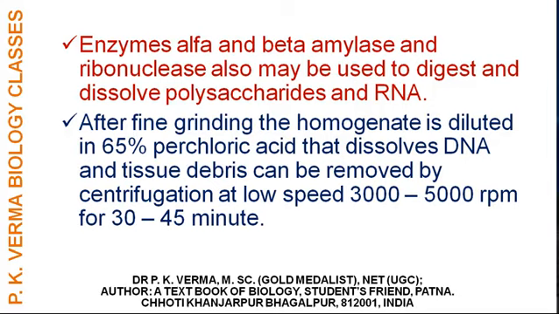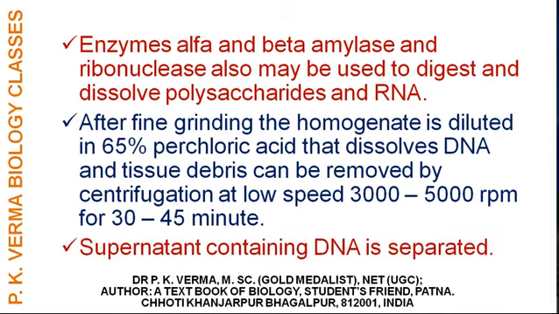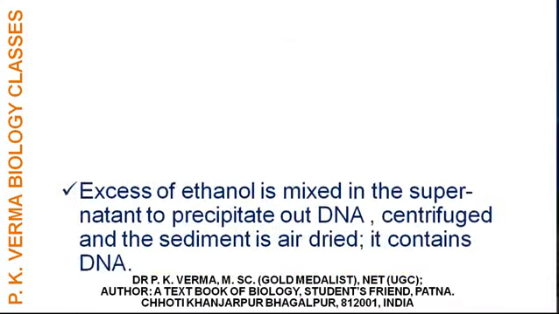So by centrifugation, the tissue debris can be removed. You just need 3000 to 5000 RPM for 30 to 45 minutes to form the sediment of tissue debris. The supernatant contains DNA. It is separated in a different test tube.